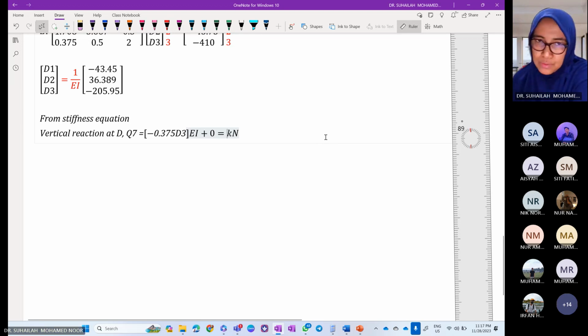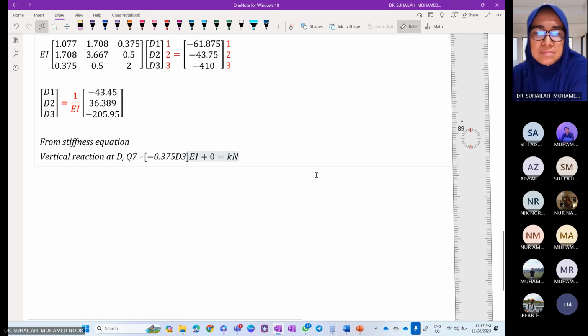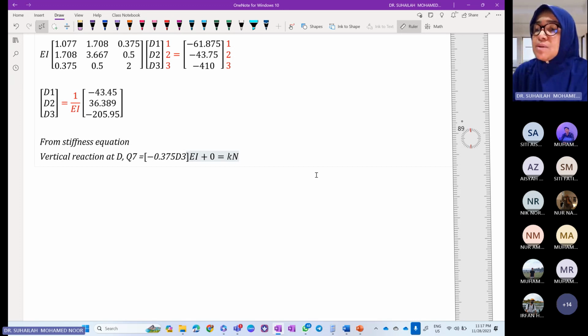What is the answer? But maybe vertical deflection, maksudnya bila kita buat exercise ni, soalan saya minta vertical reaction dekat D.